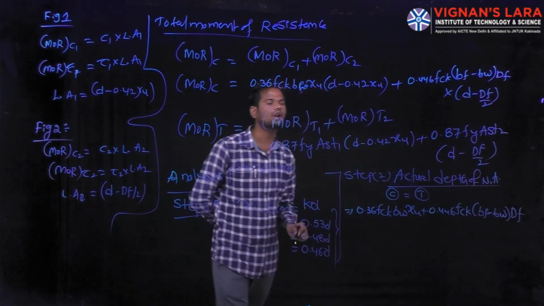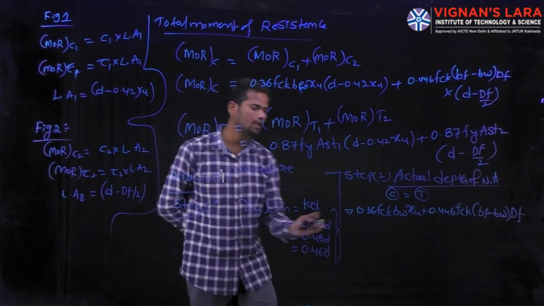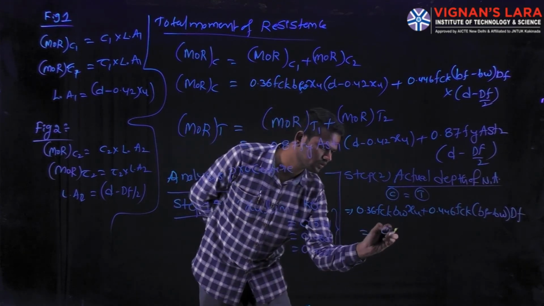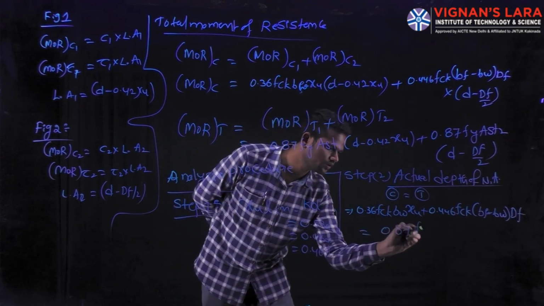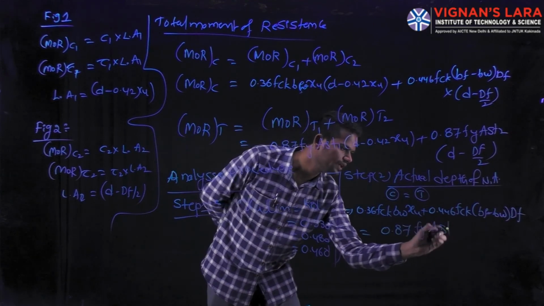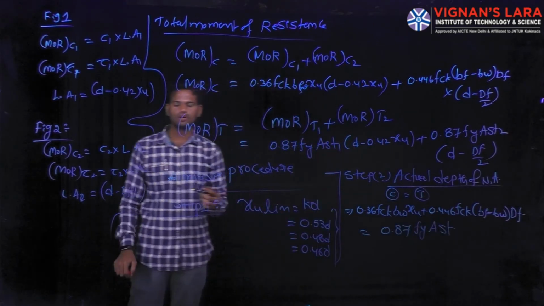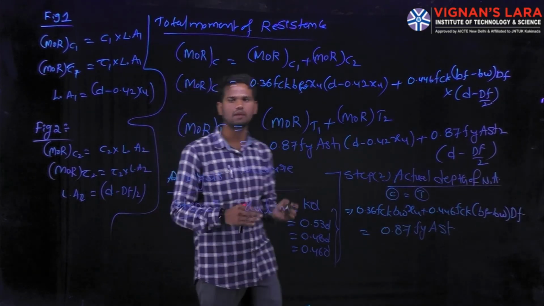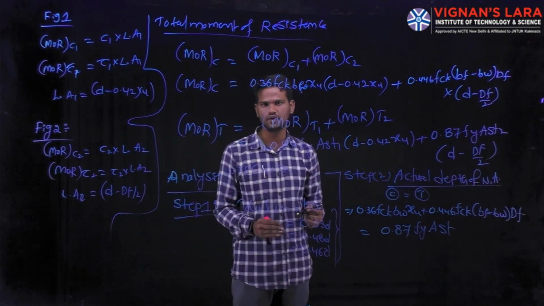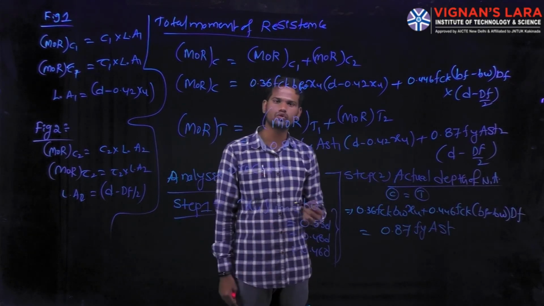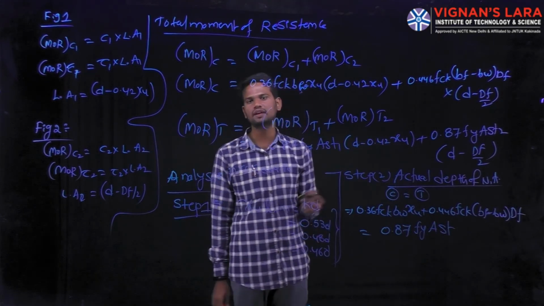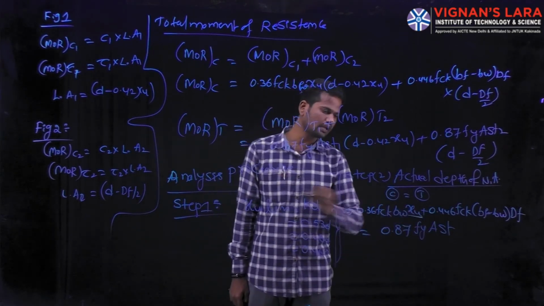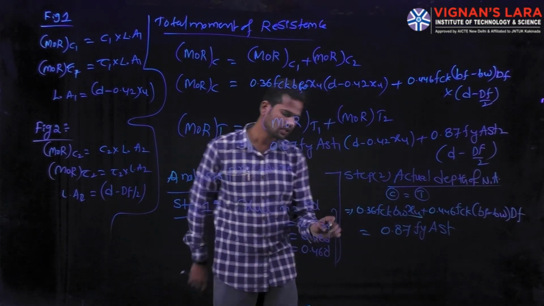This is the total compressive force acting on the beam, and the total tensile force equals 0.87 Fy into Ast, that is Ast1 plus Ast2. Directly they will give the total area of steel in the problem. If you calculate Ast1, Ast2 can be obtained easily. From this we have to calculate the actual depth of the neutral axis.